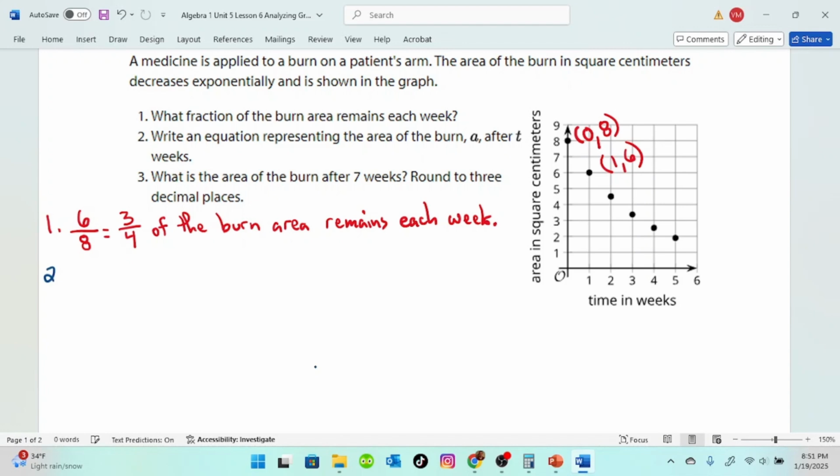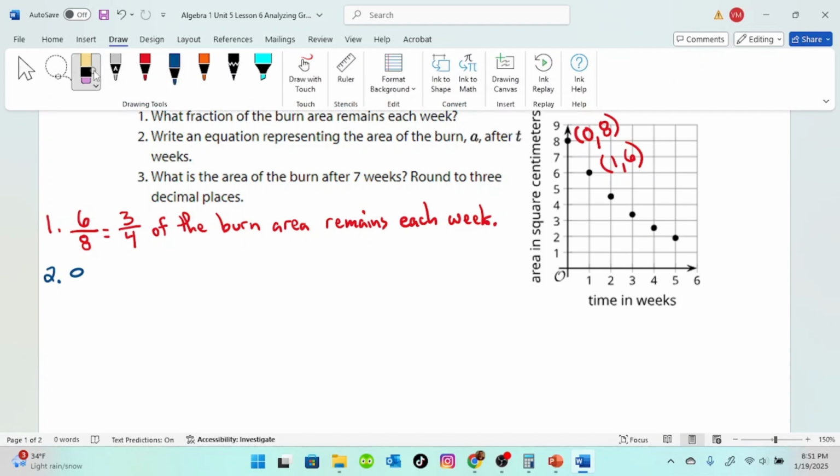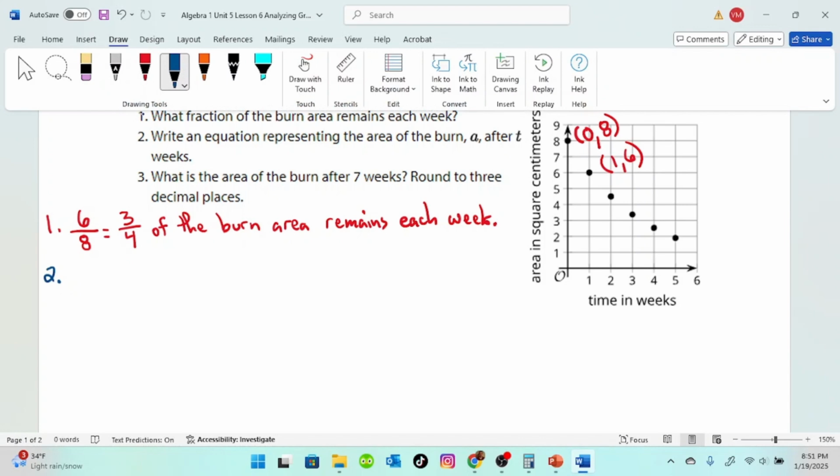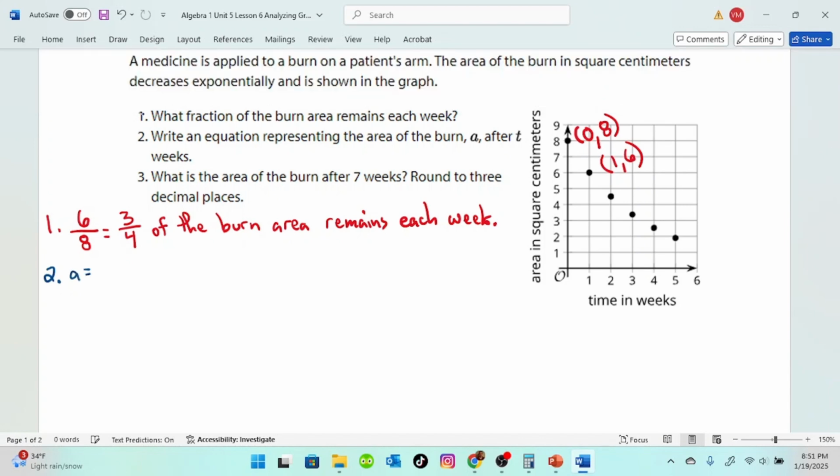So, we're going to say that this expression is A, and A is going to equal the initial amount, which comes from my vertical intercept, and that tells me my initial amount was 8.